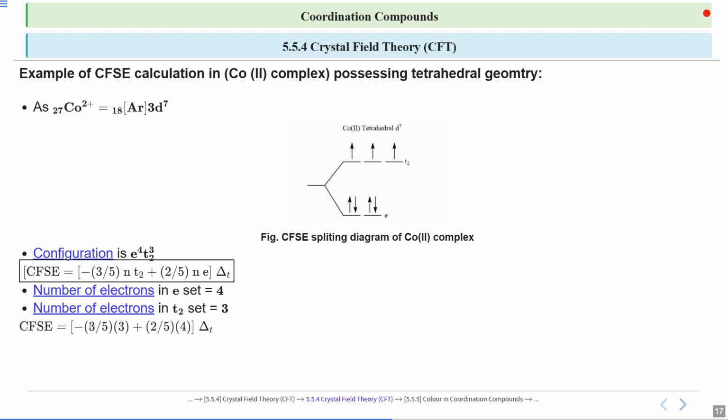So the CFSE will become minus 3 by 5 times 3 plus 2 by 5 times 4, multiplied by delta T.